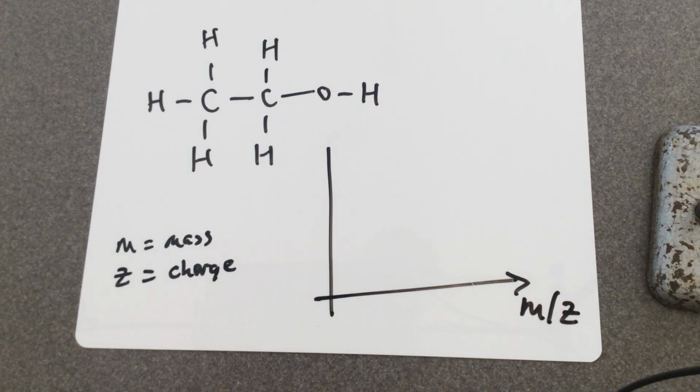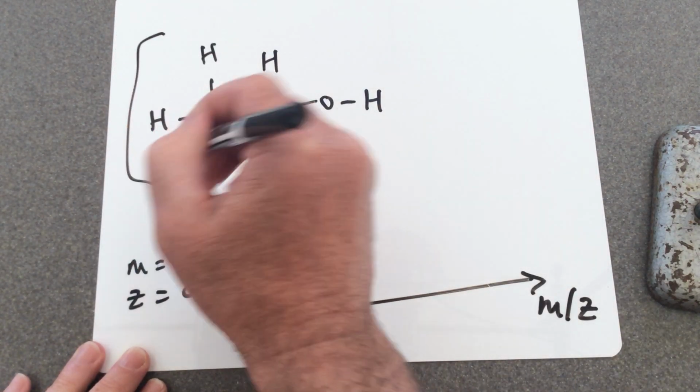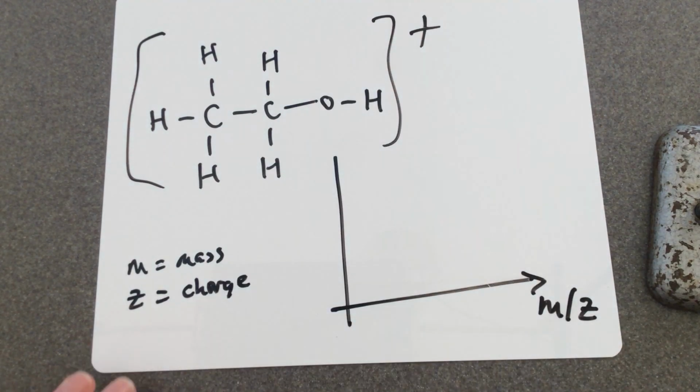Now we've talked about the idea that when we bombard our sample with high energy electrons, we can knock an electron off the molecule. So in this case, if I did that, I would form this ion, which I'm going to call the molecular ion, because it's the ion of the molecule. And the molecule and the molecular ion will have the same mass.